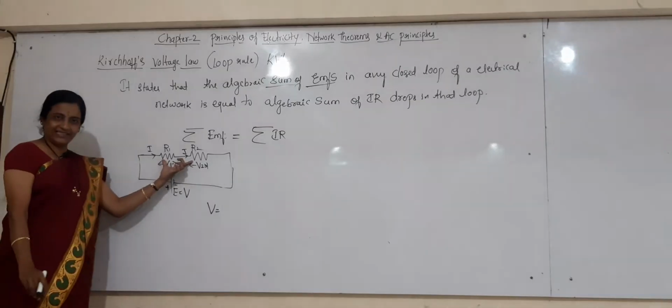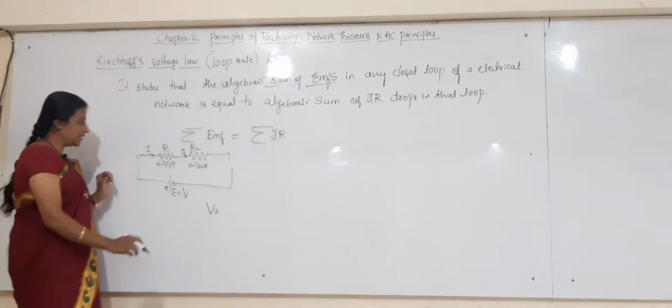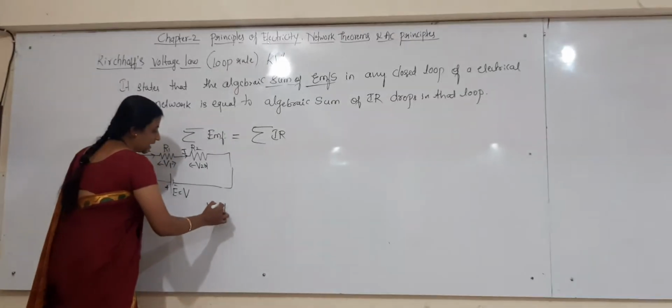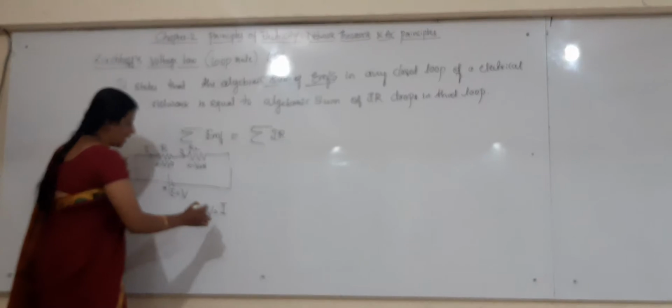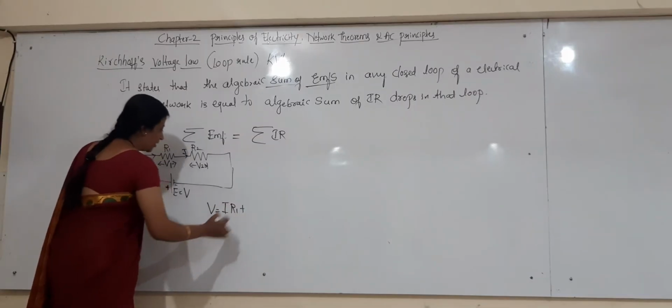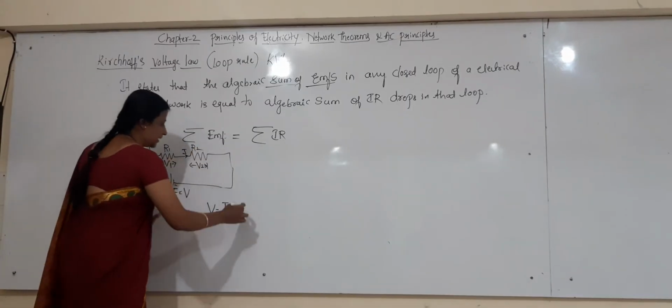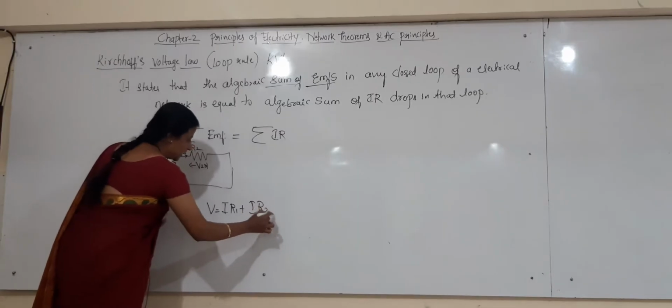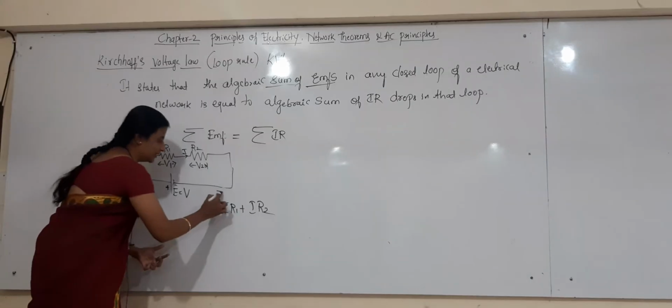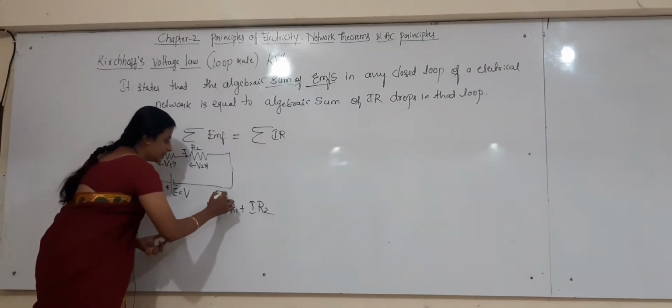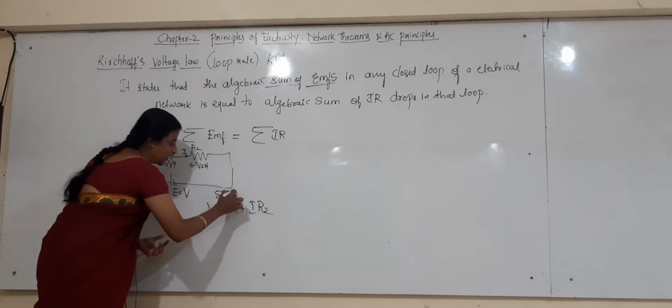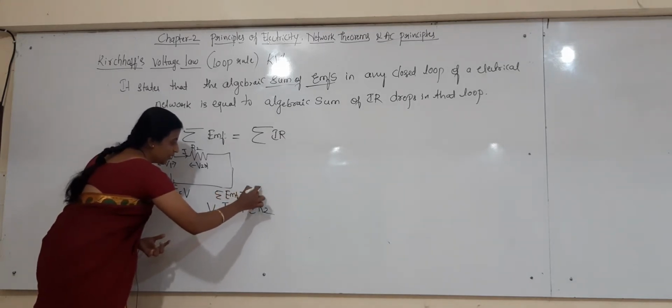Since there are two resistors, there are two IR drops, which are current into R1, the first IR drop, and current into R2, the second, I R2. This follows the statement that the algebraic sum of EMFs is equal to the algebraic sum of IR drops.